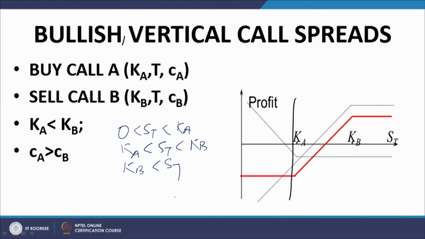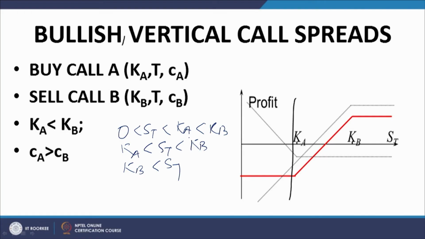Now, when 0 is less than S t is less than K A, what will happen? Obviously, it has to be less than K B as well. Then neither call A nor call B will be exercised, and the payoff to the investor would be negative. That is the expense, or the difference of premium between the price that he has paid for buying option A and selling option B.